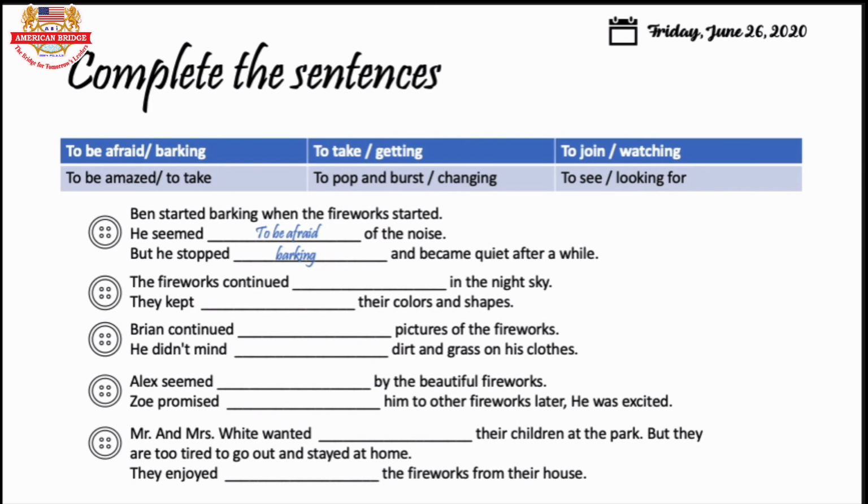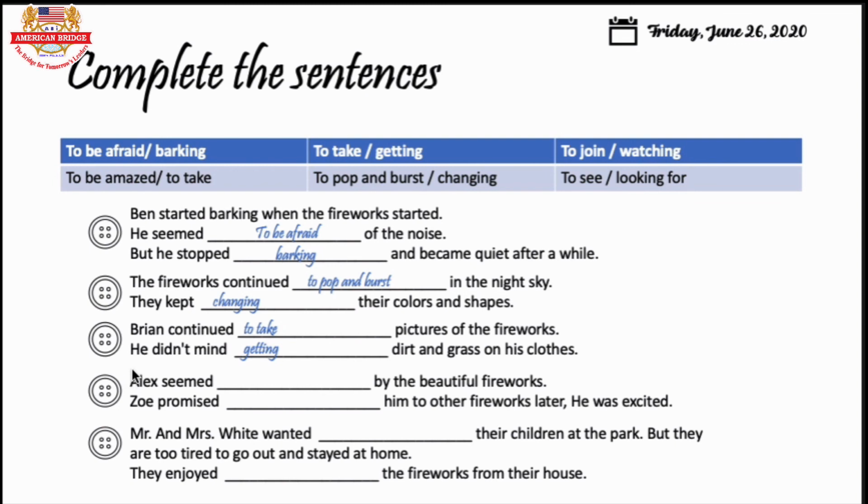Set number 2, the fireworks continue to pop and burst in the night sky. They kept changing their color and shape. Brian continued to take pictures of the fireworks. He didn't mind getting dirt and grass on his clothes.